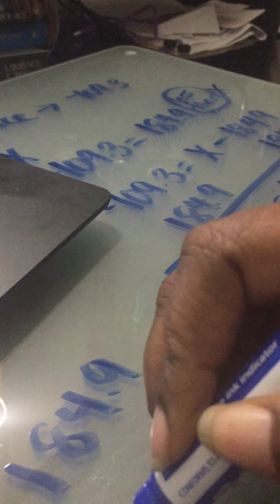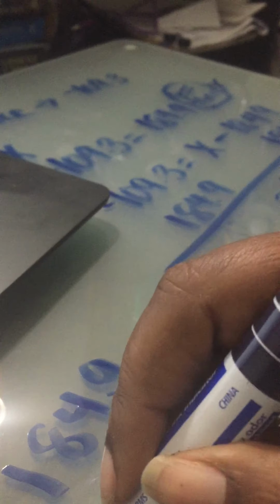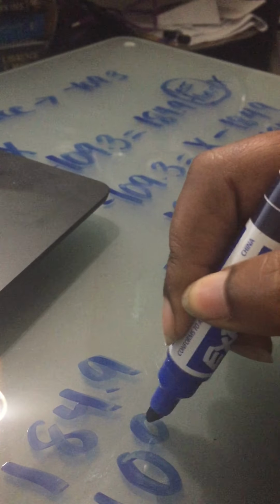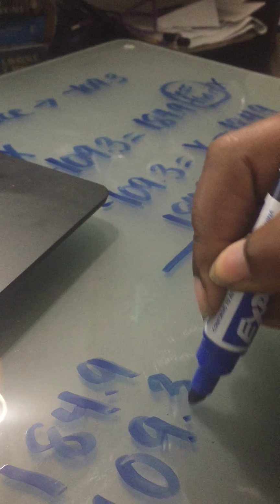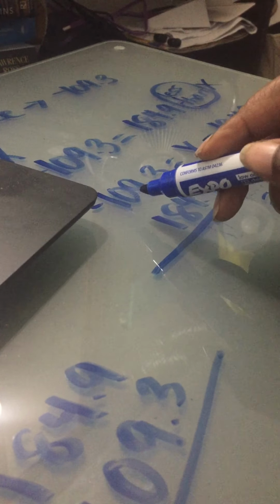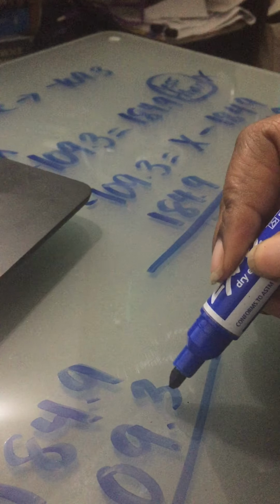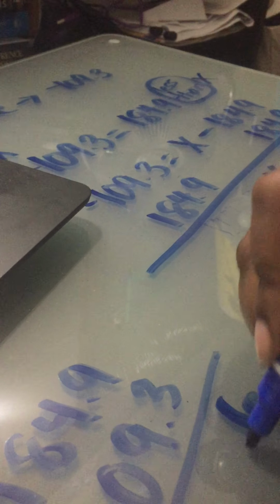184.9 subtract 109.3. So we're adding a negative, which is the same as subtracting. So 9 minus 3 is 6.